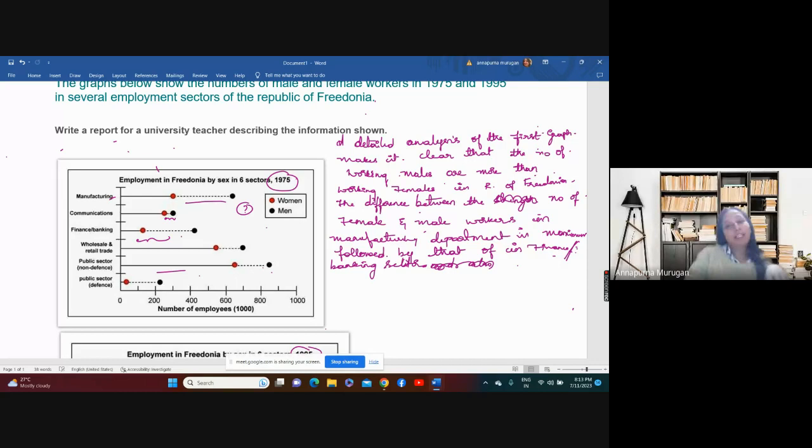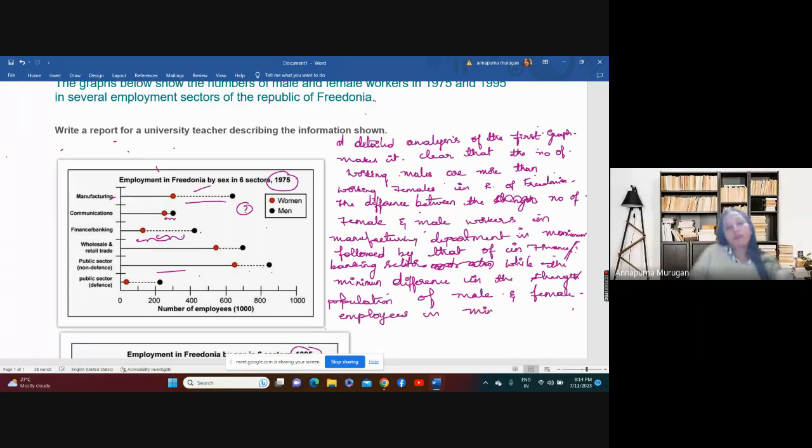Because I'm talking about maximum, I can connect with the transition word "while": while the minimum difference in the strength or population of male and female employees is minimum in which part?